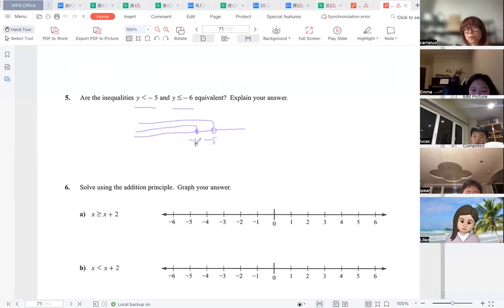Same or not? Not the same. But if we say y is an integer, then these two are the same, understand, Emma, Lucas, Pierre and Lilac? This is very important. If y is not an integer, they are not the same. Think about it: if y is an integer and y is smaller than -5, then y can only be -6, -7, -8, right? If y is an integer, then y smaller than -5 and y smaller than or equal to -6 are equal to each other. But if y is not an integer, then y can be -5.5, y can be -5.58, right? So they are not equal.